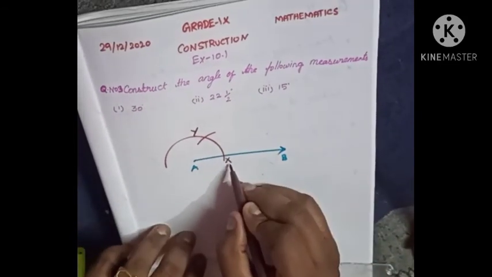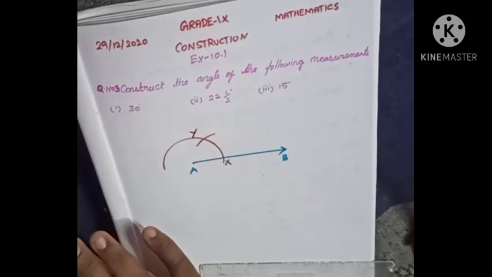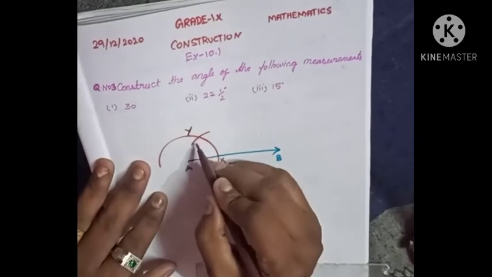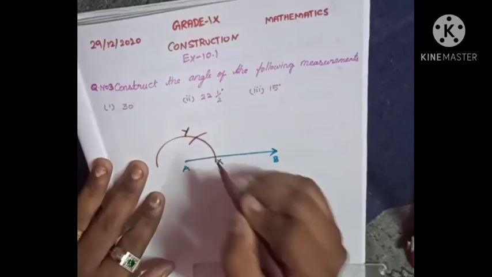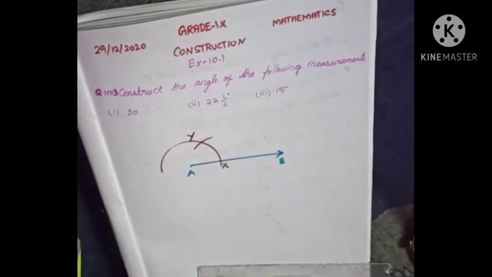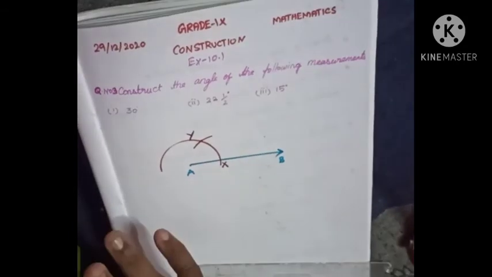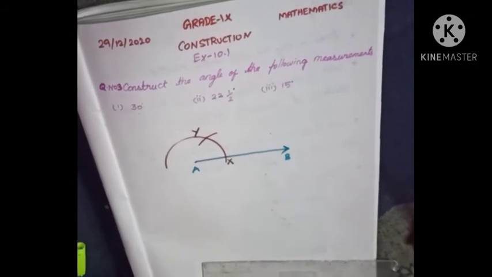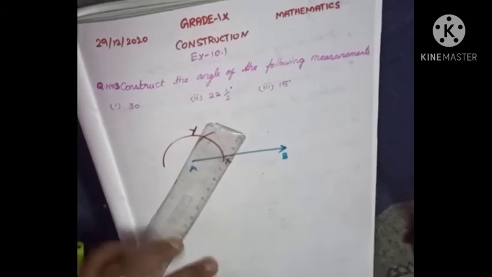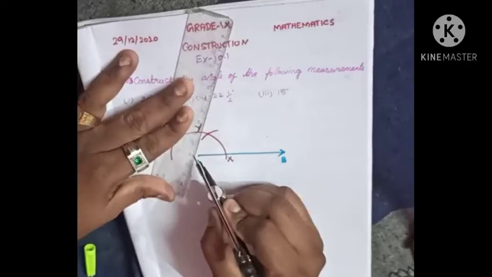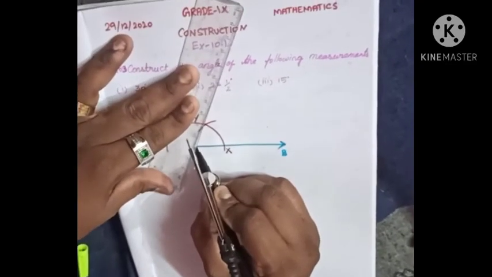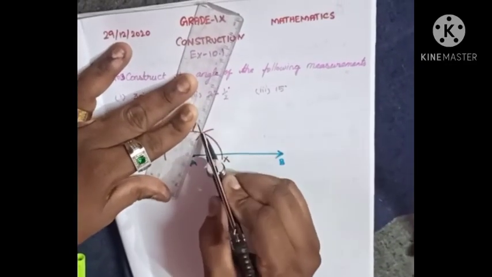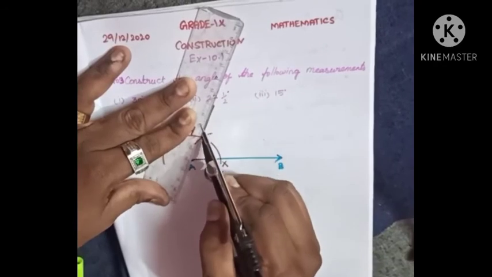It cuts that ray at X, and with the same radius I draw another arc. It cuts the previous arc at the point Y. So already you know that this basic arc is nothing but, what is that angle? 60 degree. So I just draw a ray AY like this.